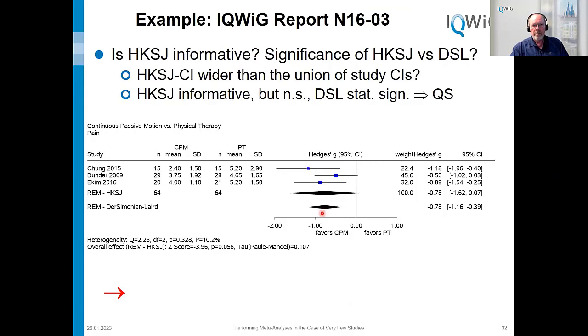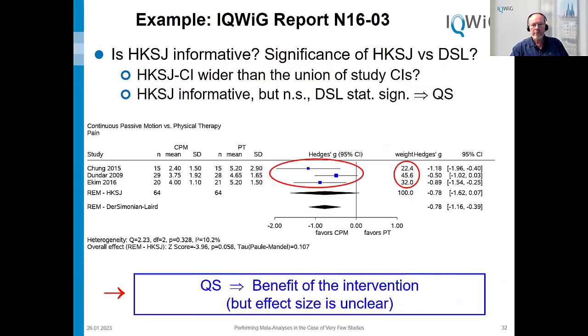We know DerSimonian and Laird is significant, but the width of this interval is too small. We have Hartung-Knapp-Sidik-Jonkman. It's not significant, but this interval maybe is too large. The way out of this problem is to use the qualitative summary of study results.